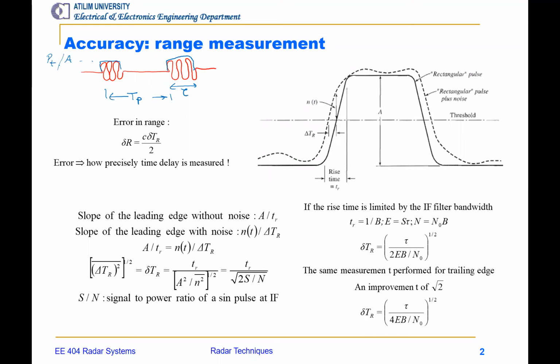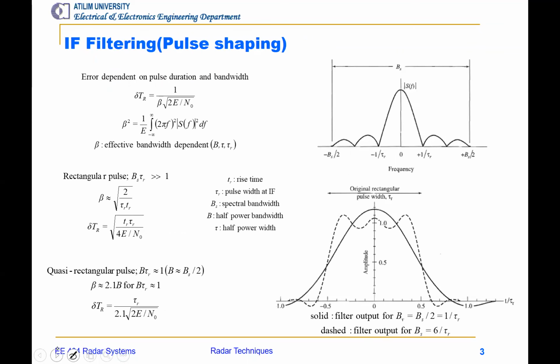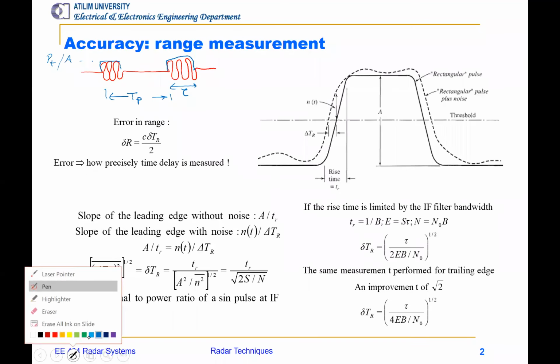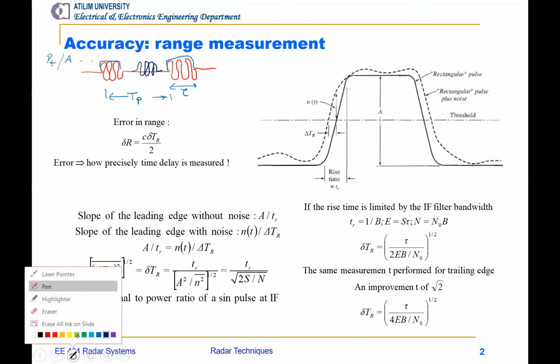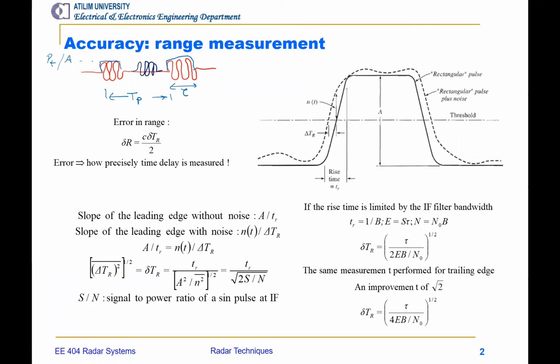So this is the signal that we transmit, and then we get an echo signal from the target. It might be something like this. So this is an echo coming due to the first pulse. It has an amplitude again, an envelope.